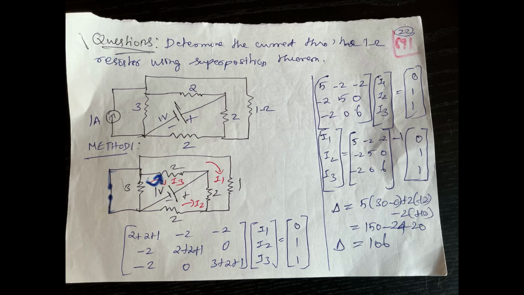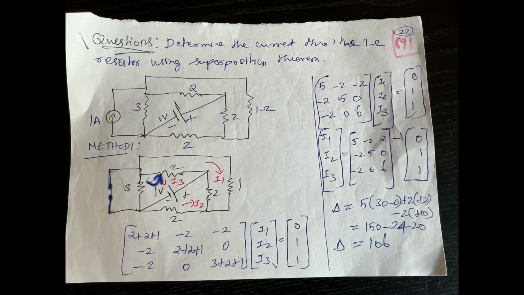Mesh current method forms a matrix. The superposition theorem states that the output response produced by a number of sources simultaneously is simply equal to the sum of the responses produced by each of the sources acting separately.